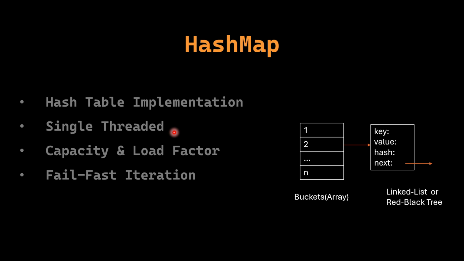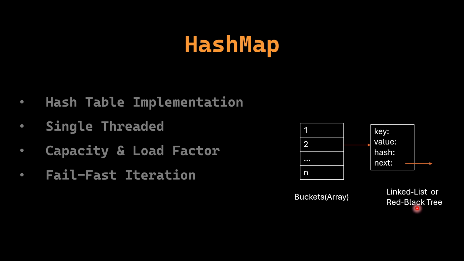Now let's look under the hood at how HashMap works. Internally, HashMap uses an array of buckets that starts with 16 elements by default. When a collision occurs, meaning multiple keys hash to the same bucket, HashMap handles them using a linked list.